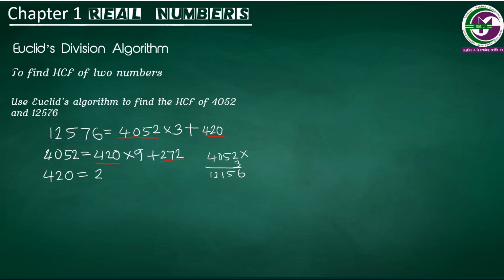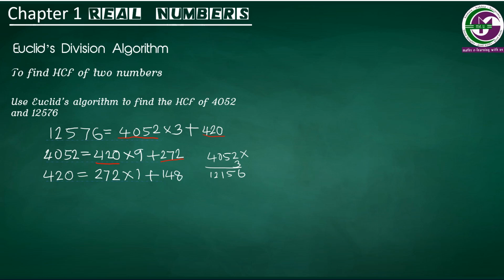So it is 272 times. We need to find which number. If you are multiplying, it should be less than 420. We know that it is 1, because 2 times would be more than 500. It leaves a remainder 148.